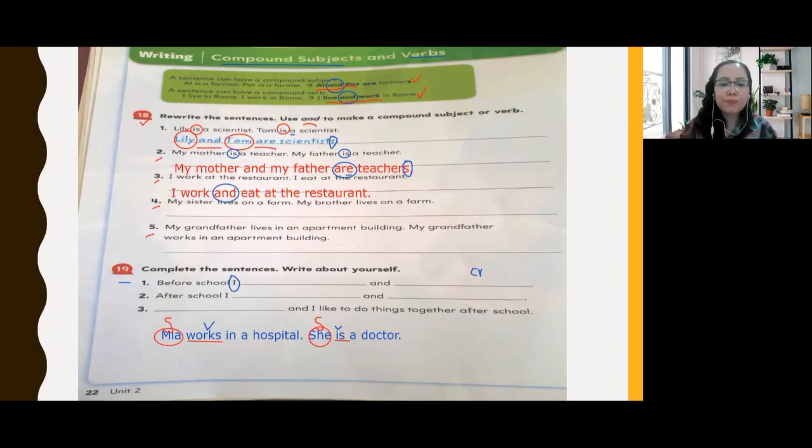Number two, after school I blank and blank. Which one do you need? The subject also I, yeah. Compound subject or compound verb? Yes, compound verb. Good job, yeah.